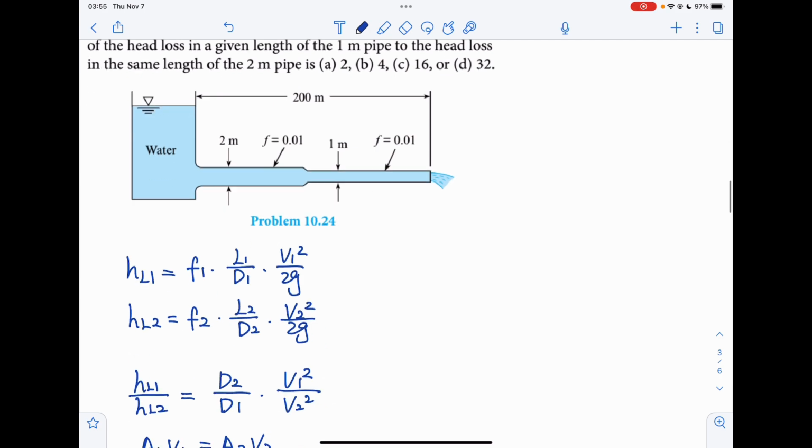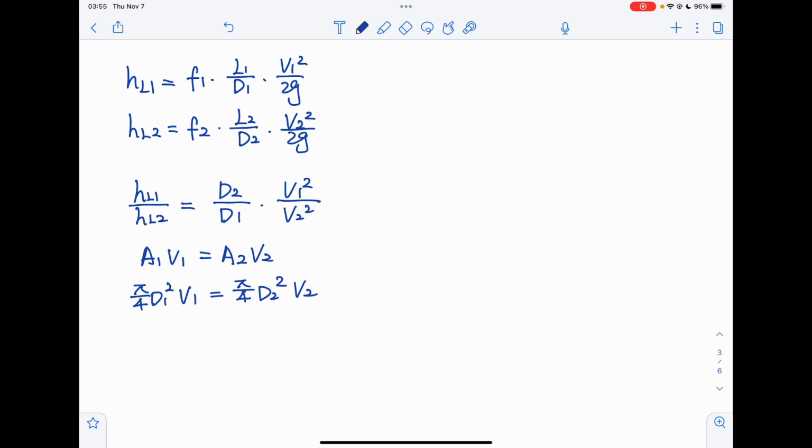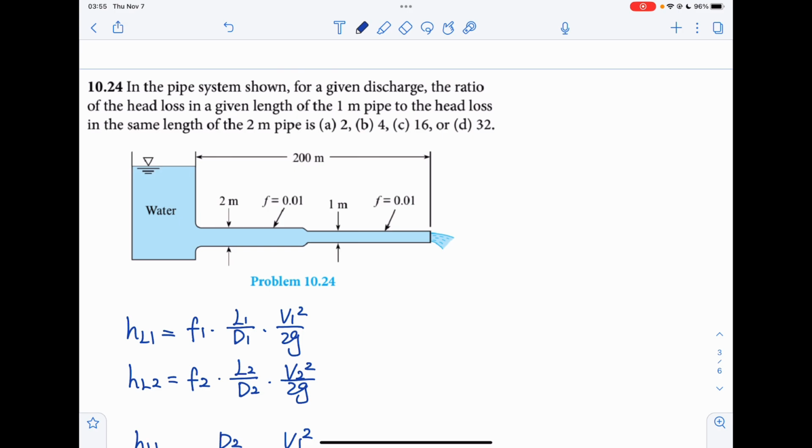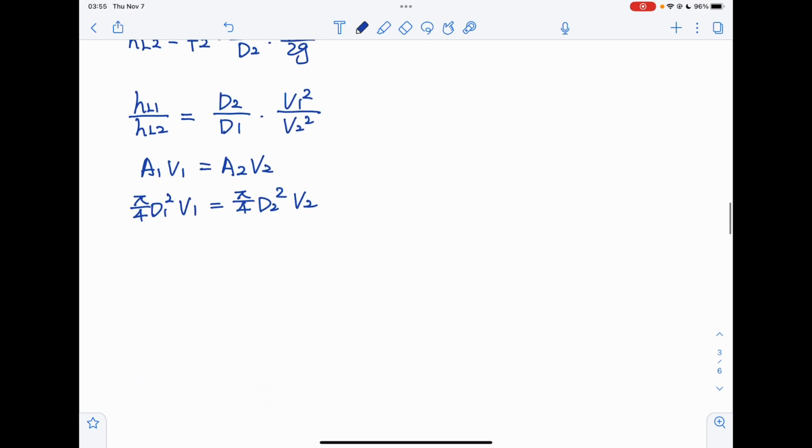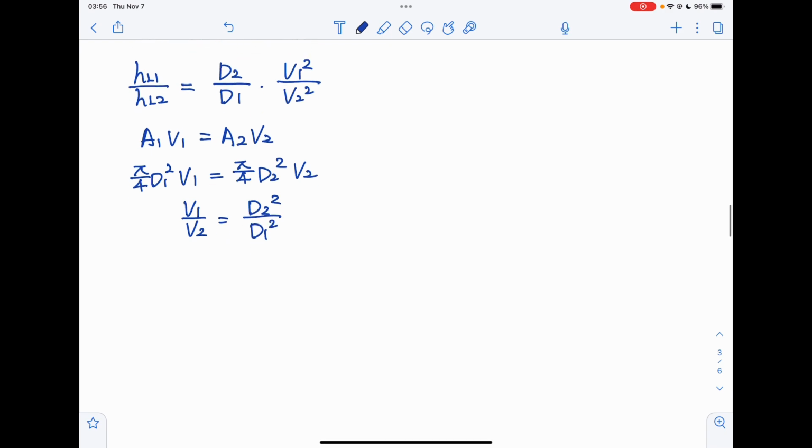We know the diameter ratio is 1 for pipe 1 and 2 for pipe 2. So the velocity ratio V1 over V2 is going to be D2 squared over D1 squared. Now we're going to back substitute it into the head loss ratio.